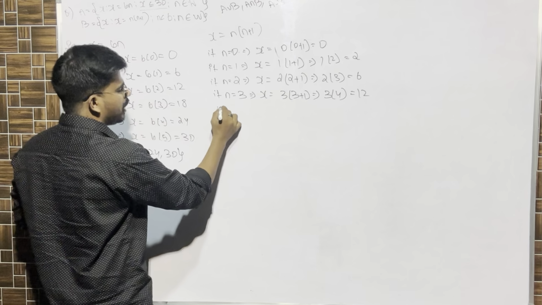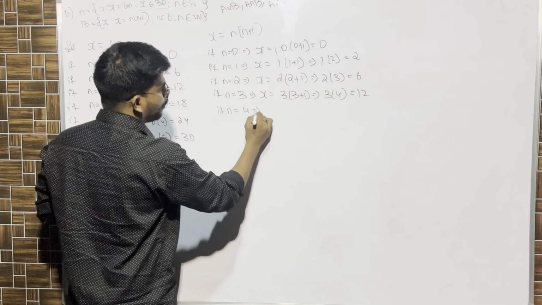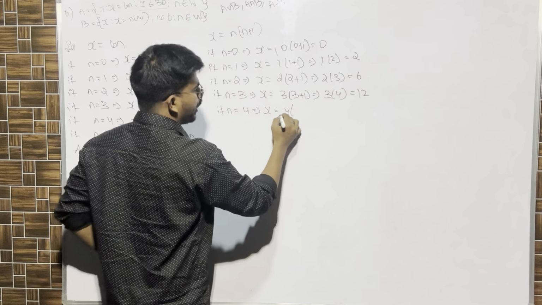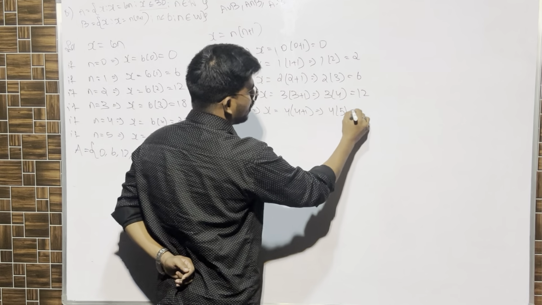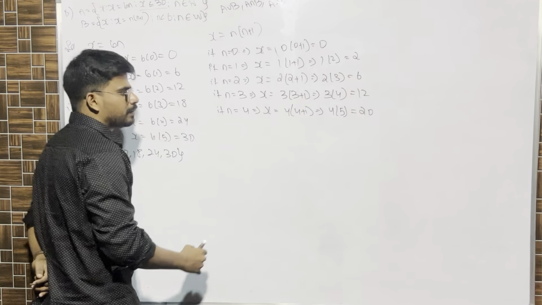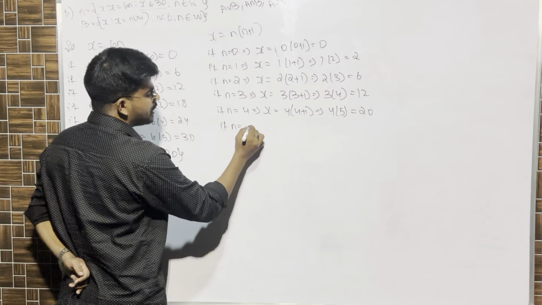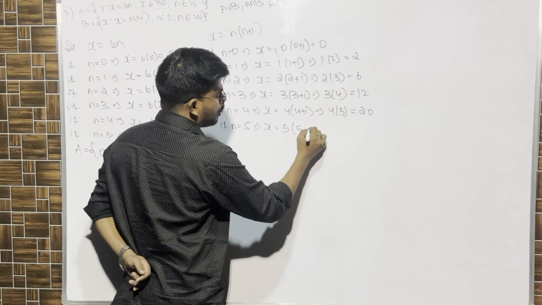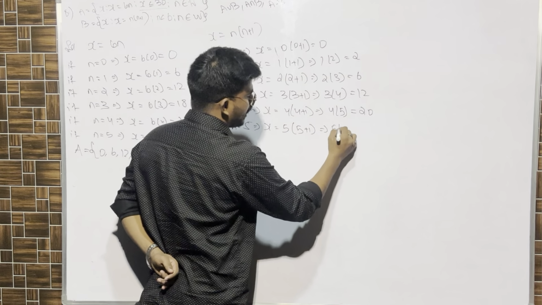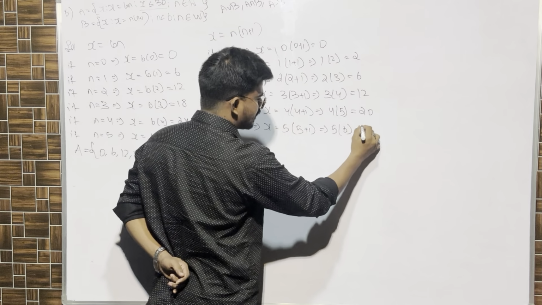Next, till where we have to take? Till 5. If n is equal to 4, x is equal to 4 into 4 plus 1. 4 into 4 plus 1 is 5. 4 5s 20. Next, last. If n is equal to 5, x is equal to 5 into 5 plus 1. 5 into 5 plus 1, 6. 5 6s are 30.